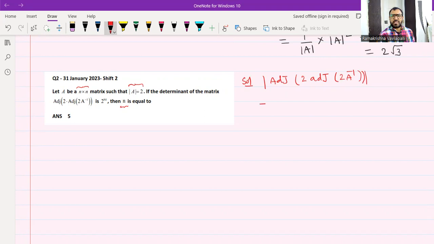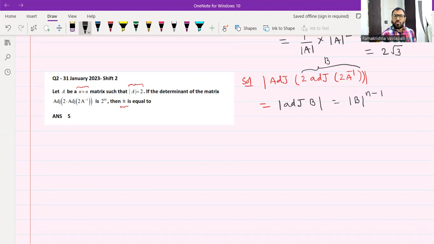Assume that this is some matrix B. So it becomes the adjoint of B. B is an n by n matrix, so you will have det B whole to the power of n minus 1.